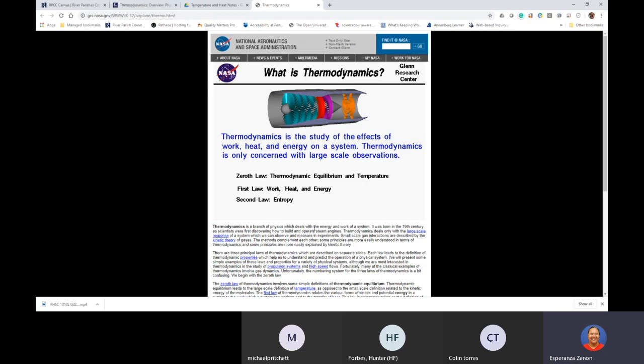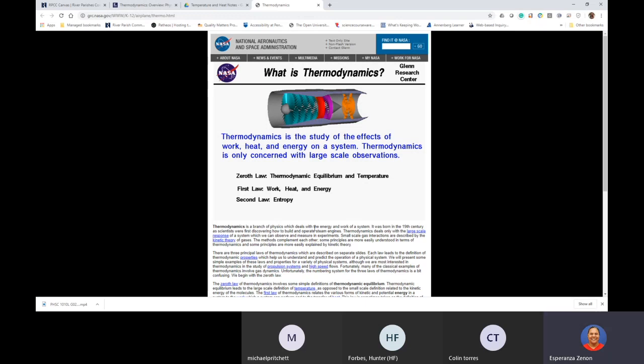Like, we're not looking at the atoms and the molecules, even though we know heat and temperature and all those things do affect the molecules of a substance. But we are looking at that system as a whole. We're looking at this on a macroscopic level.